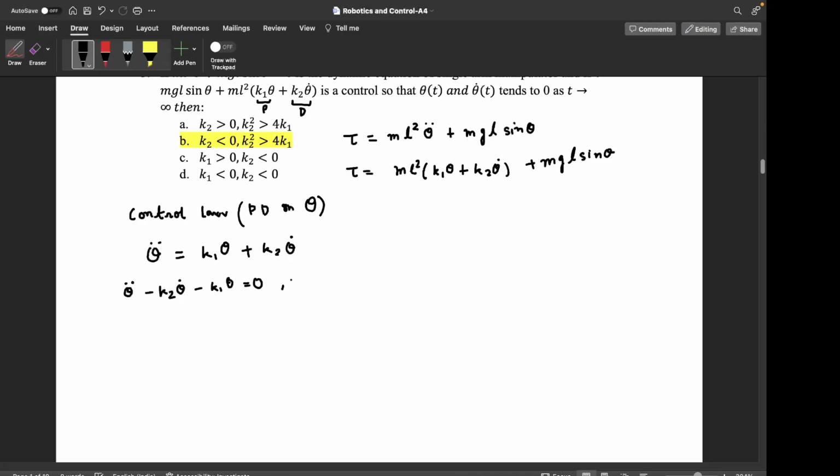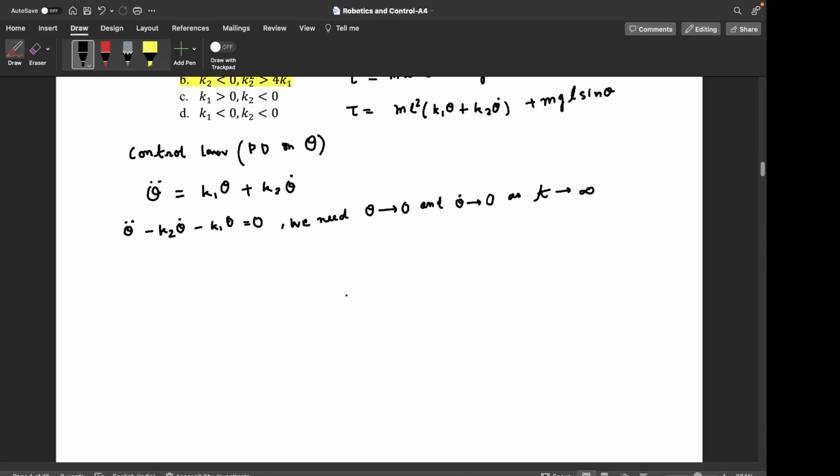And what we need is theta tends to 0 and theta dot tends to 0 as t tends to infinity, right?